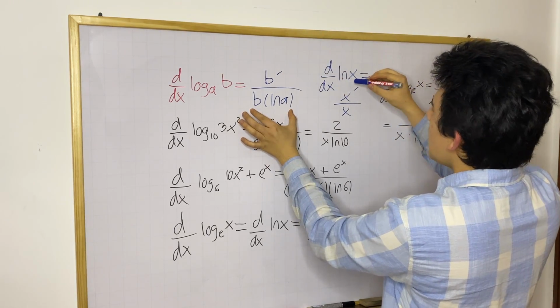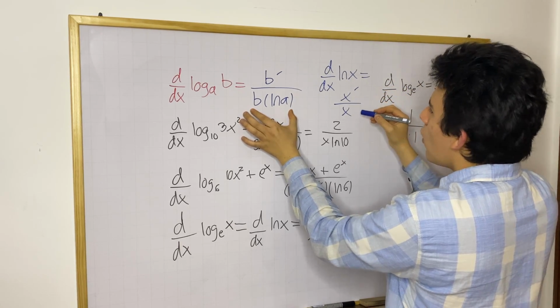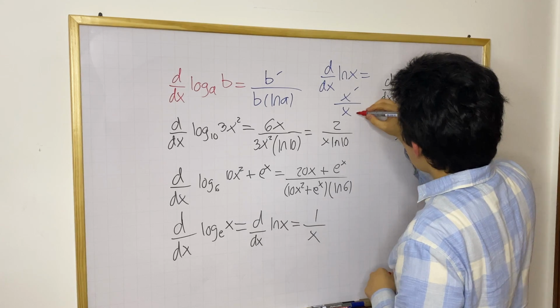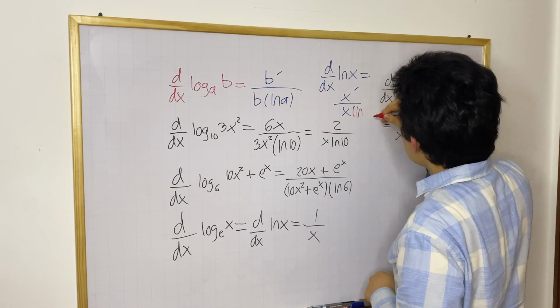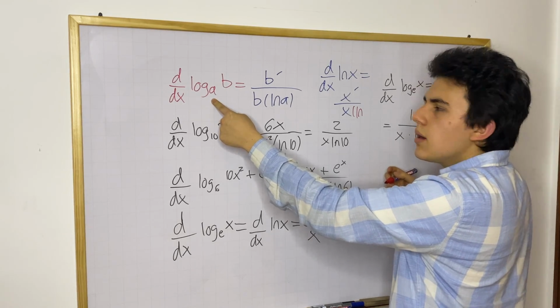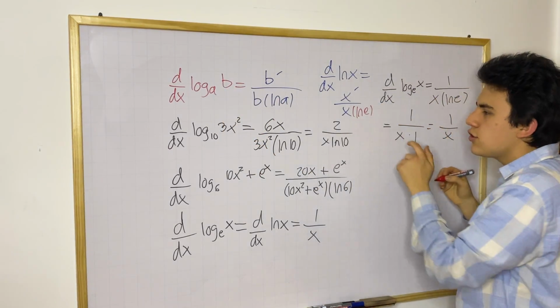In this case, you could say the derivative of ln b is going to be b prime over b, and here you could write times ln a, but since a is equal to e, we would have ln e, okay? And this is just going to be 1.